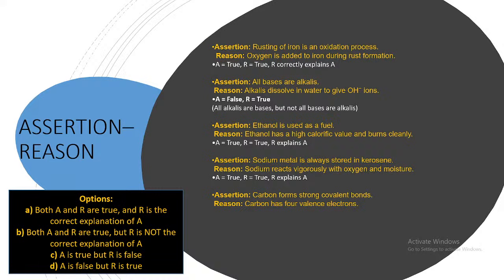What about others? Yes, both are correct, and R is the correct explanation of A. So option A is the correct answer. So all are A. Carbon forms covalent bonds. Covalent bonds involve sharing of electrons, and carbon has 4 valence electrons, so it can form 4 covalent bonds.